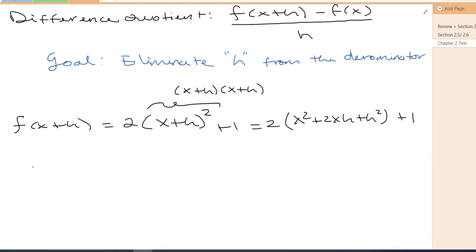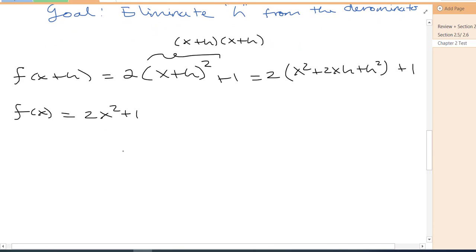f of x is the original function, 2x squared plus 1. So let's put it together. Therefore, our difference quotient, f of x plus h minus f of x all over h, will look like f of x plus h, where I'm going to distribute the 2 as I go.